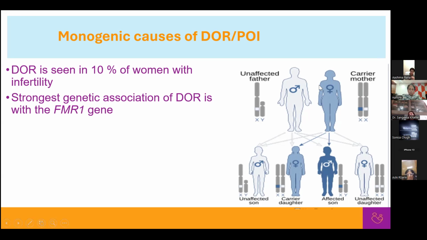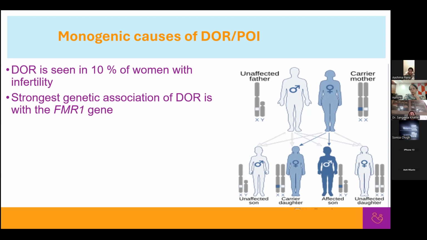It can be transmitted by the carrier mother, who has one defective FMR1 gene on one X chromosome because she has another normal X. That is why she is phenotypically normal, and she has a 50% risk of male children with Fragile X syndrome. Fragile X syndrome is the most common inherited cause of mental retardation in male children.